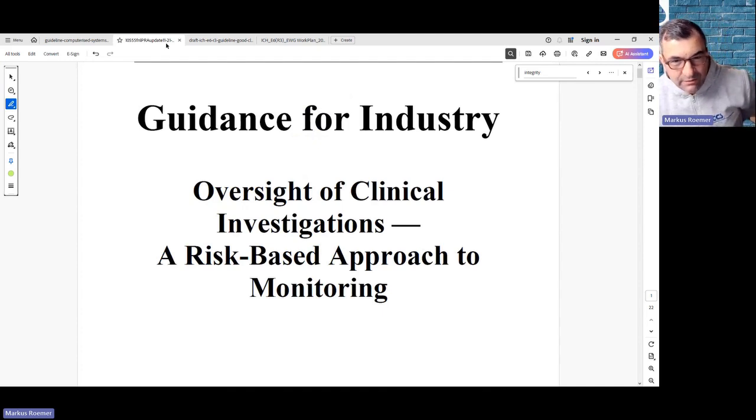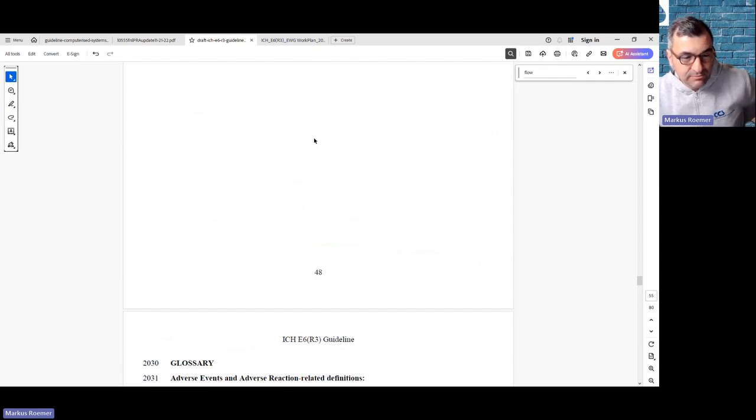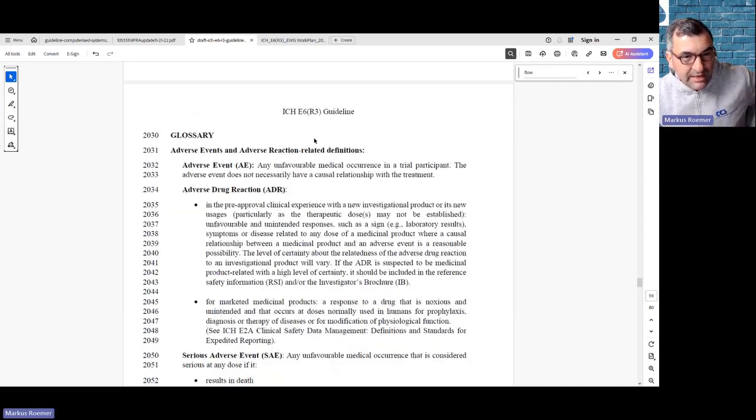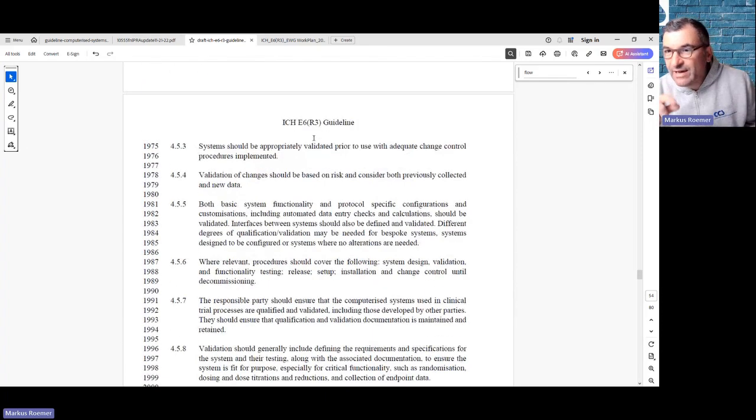The guidance for industry, oversight of clinical investigation, risk-based approach to monitoring, very important. And ICH E6, release 3. Yes, we are looking forward to that. And there you will find also data flow diagrams, identification of critical data must be part of the protocol and so on. That's very important.